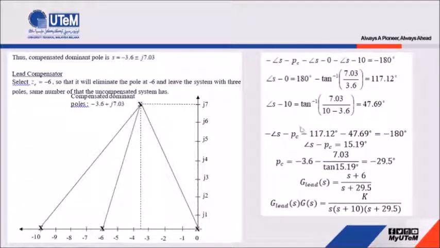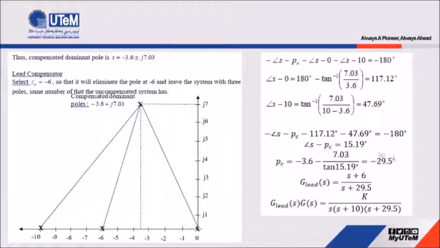Next, from this theta for the compensated pole, we can find the location of this pole, also using the Pythagorean theorem. After we solve this, we get the location of the compensated pole at negative 29.5.